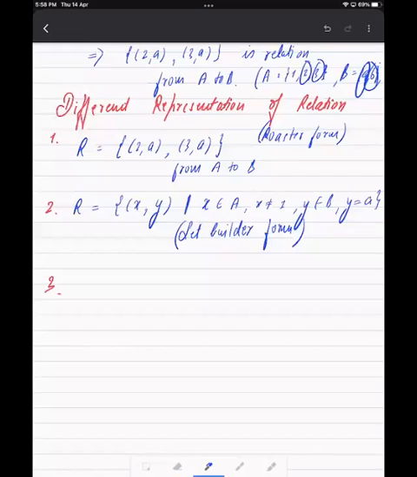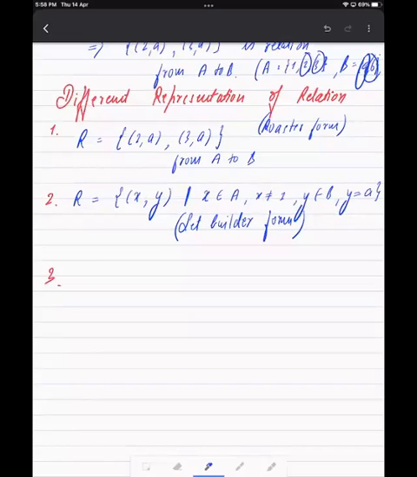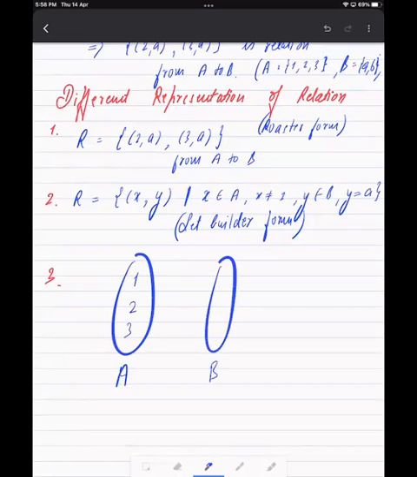Now the last one, which is quietly liked by everyone. It is like you draw A here, you write all the elements of A like that. You draw B here, you write all the elements of B here. And it's a relation. That means elements of A are related to elements of B. This is an intuitive idea.